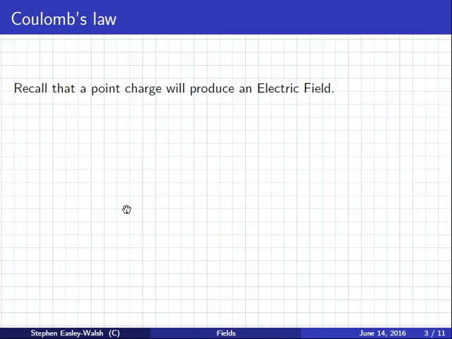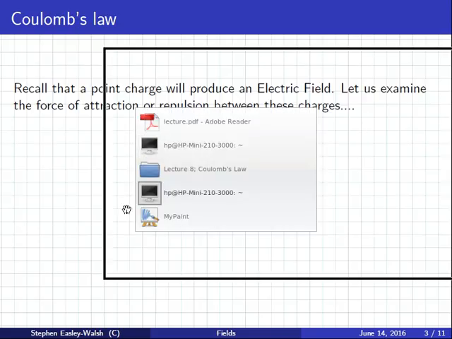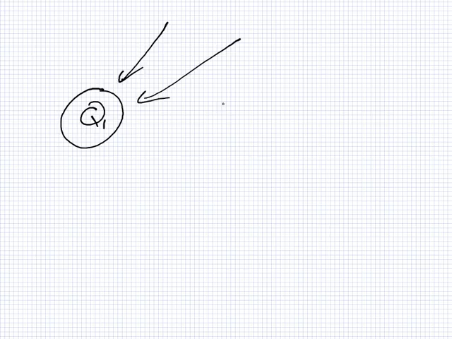So, remember that a point charge produces an electric field. Let us examine the force between these charges. If you have a charge, let's call it Q1, it produces an electric field.